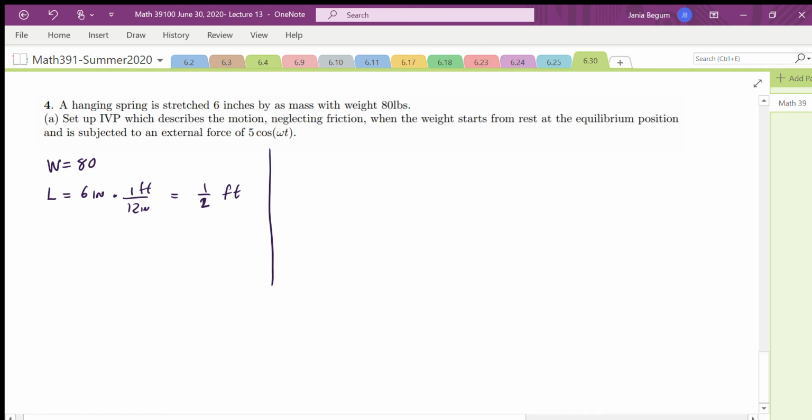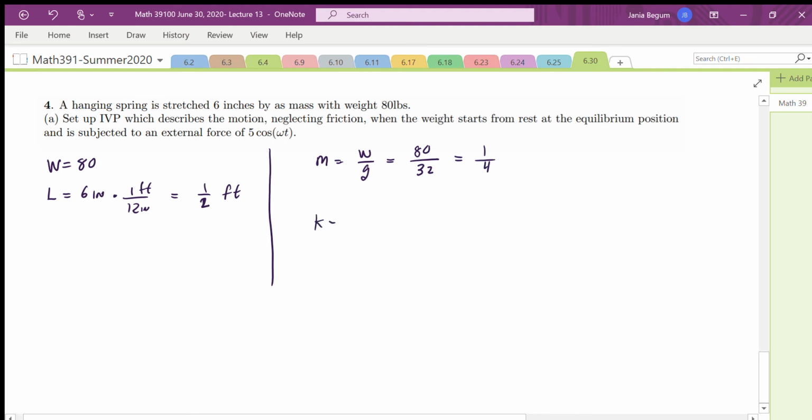We know m is the weight over g, so that would be 80 over 32, the value we're going to use for g. Simplifying, that's 5/2.